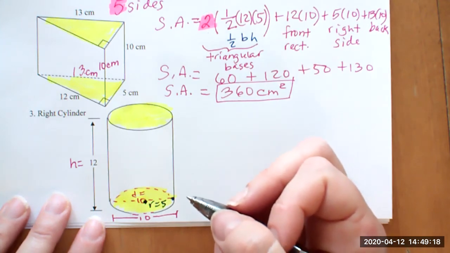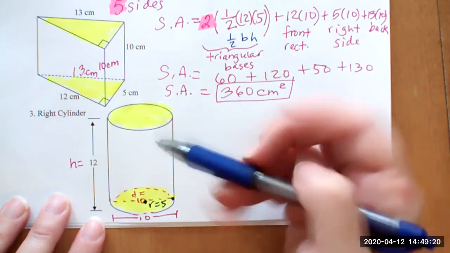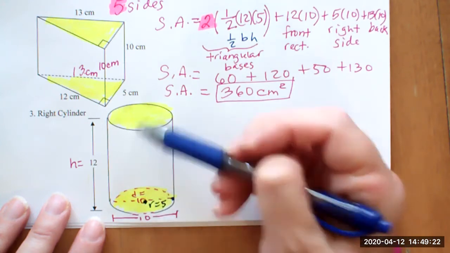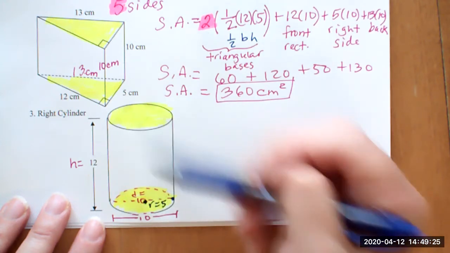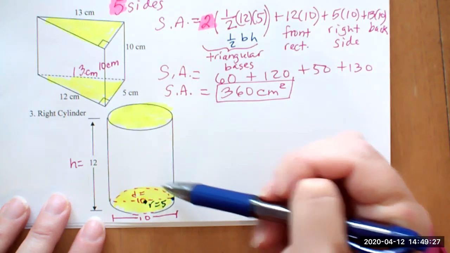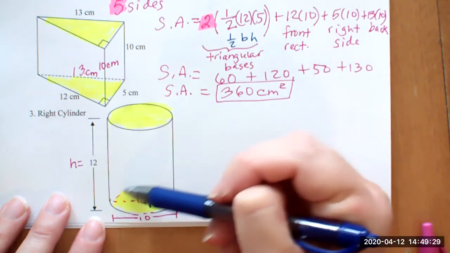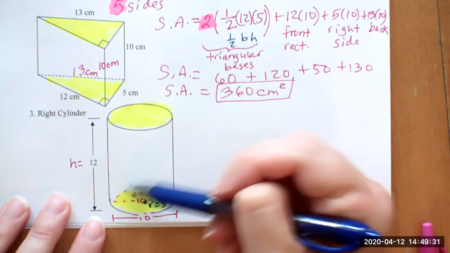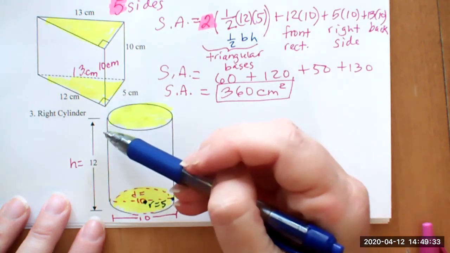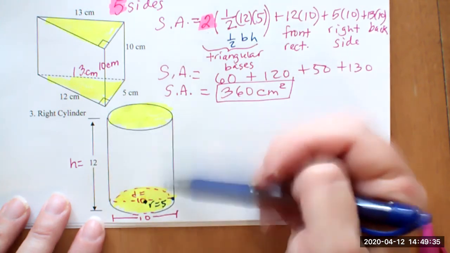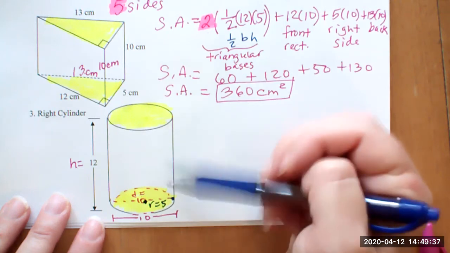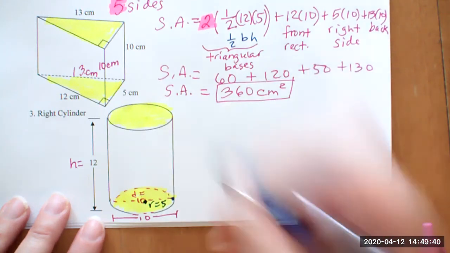Remember, to calculate the surface area, I just need to add in the areas of the two circles. And then I take the circumference, which is the length or the base of the rectangle, and multiply it by the height and add that in to get the area around the can, the lateral area, the label on the can. So remember how we get this.